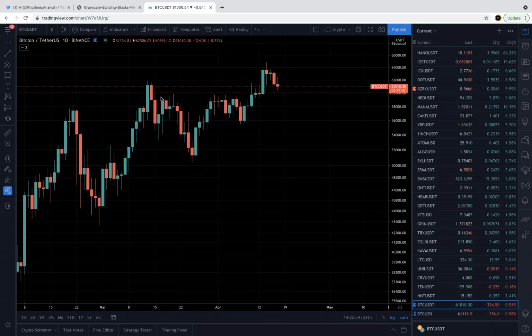You may not be able to catch those moves because you may not be online, and sometimes they are so fast. I would not suggest you chase any pumps. Sometimes you have to, but if you have 4 or 5 coins, then definitely they will make progress. What you are supposed to do is set alerts.